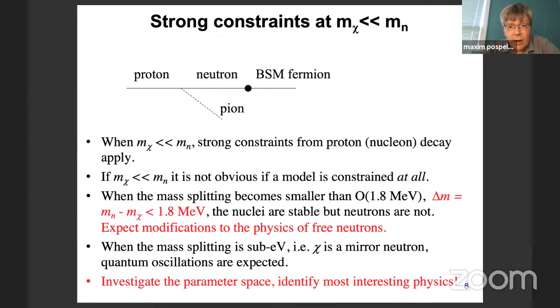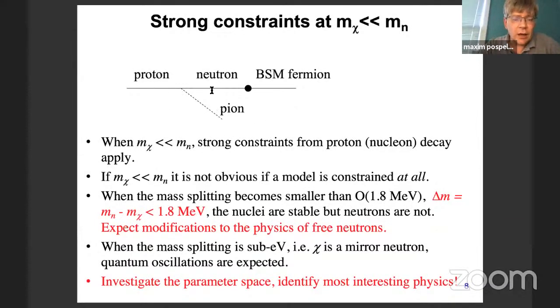So if the new particle chi is very light, for example, much lighter than the neutron state, then we more or less understand what would be the best probe of such a thing.